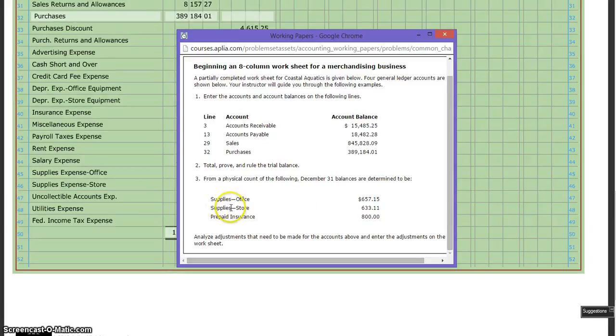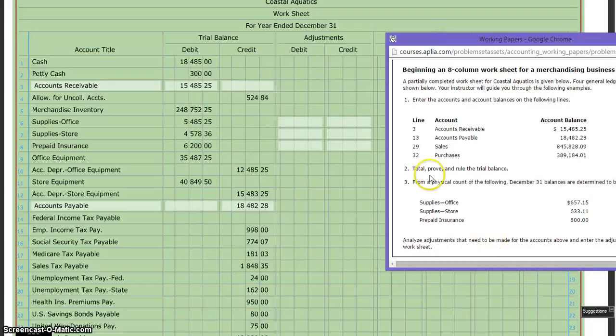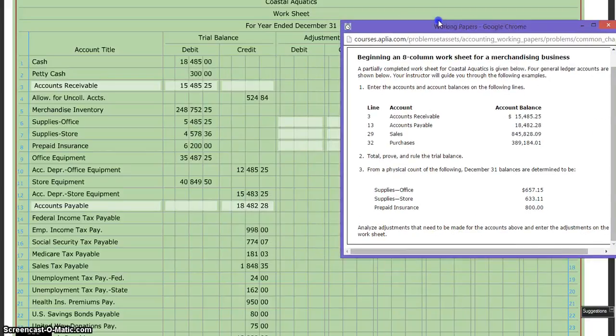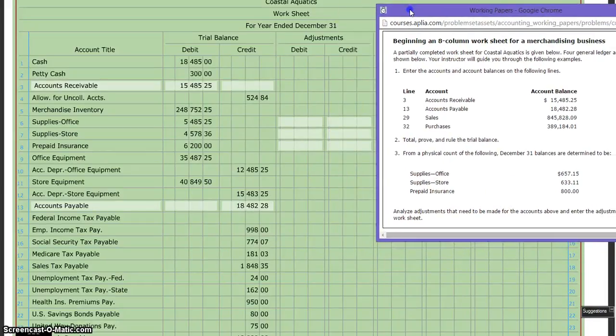So we have 3 different accounts that we did a physical count. Supplies-office, we did a physical count and had an amount of $657.15, supplies-store, and prepaid insurance, and you can see the amounts here. So if you recall, to do our adjustments, we have to do a debit and a credit in the adjustment column.